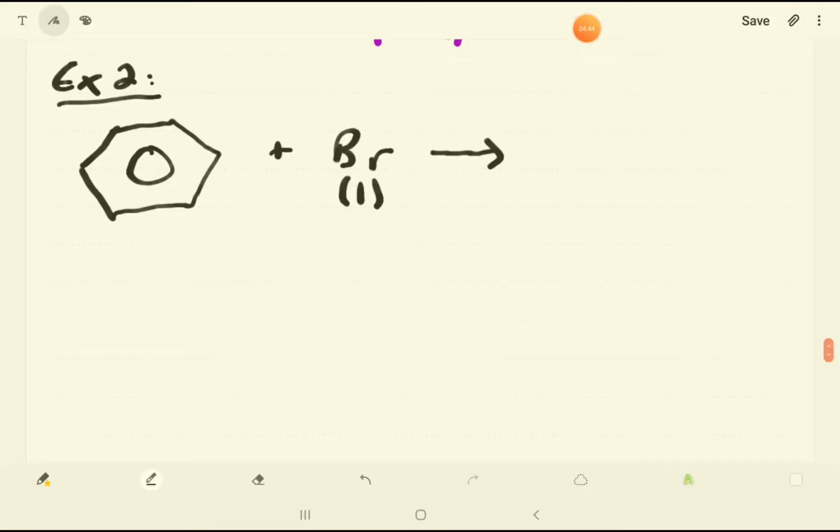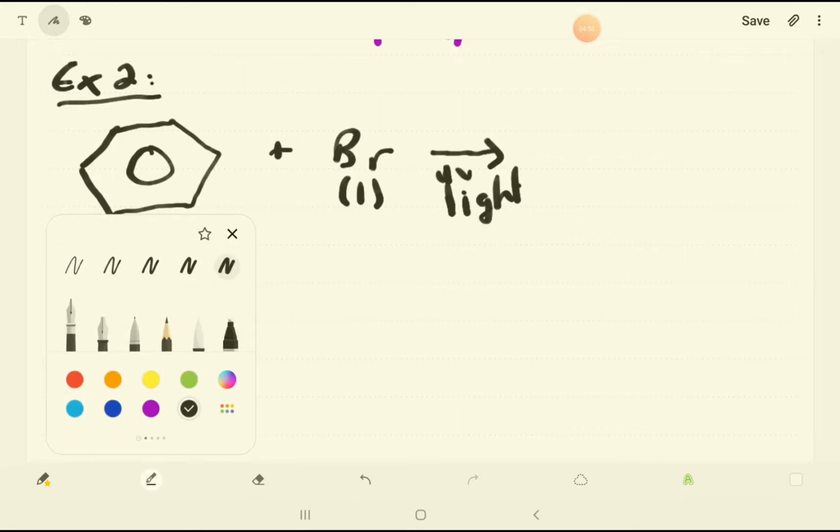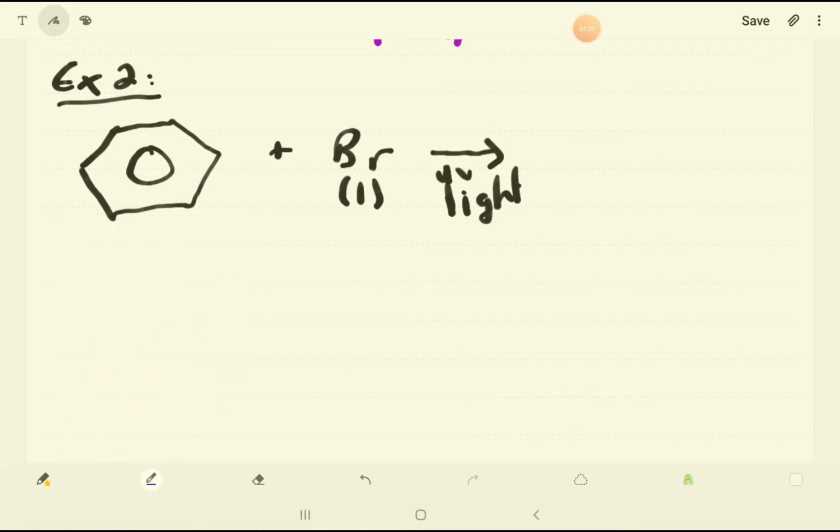Now, in our last example, we forgot that this needs UV light, which is sunlight. And so the same thing is going to happen here as it did in the previous example. Only one of these is going to react, and it could go to any one of these. That is not the important thing.